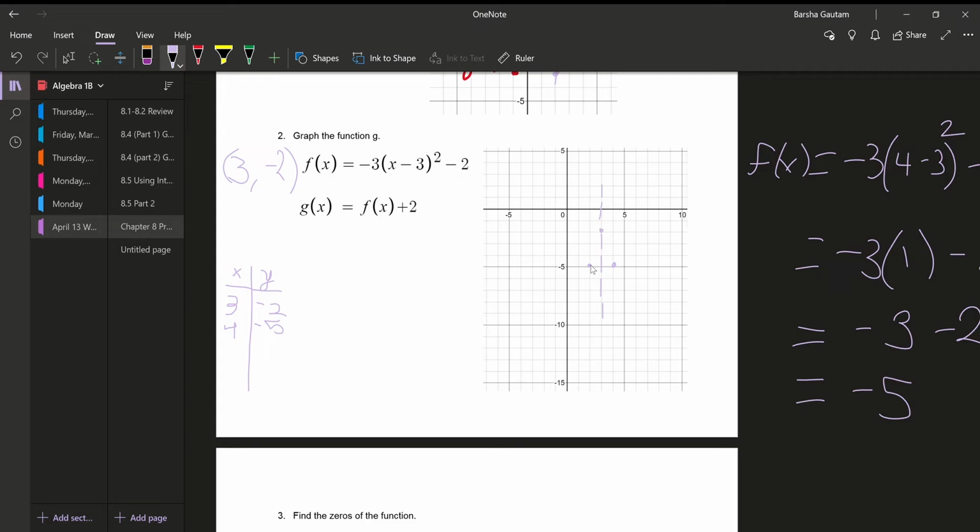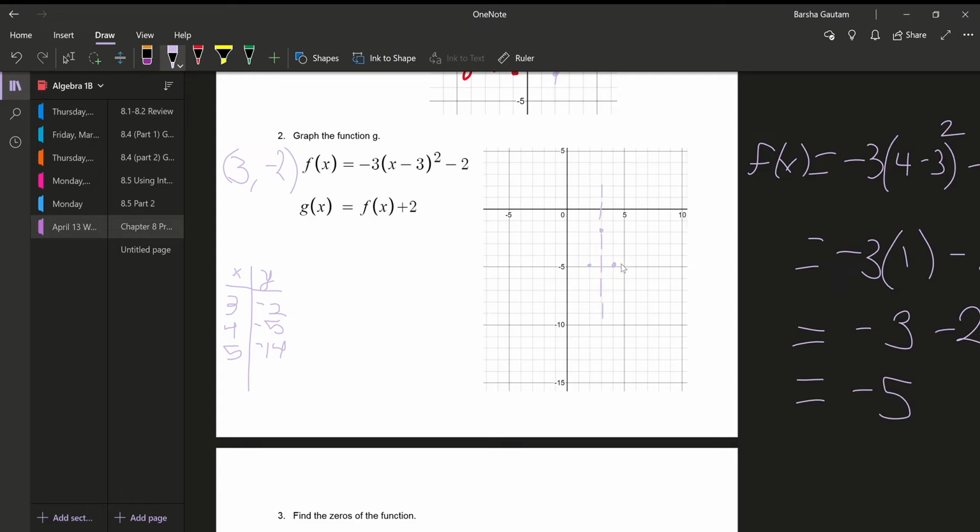However, we could find another point. So let's go ahead and try plugging in 5. If you plug in 5 for x, you get 5 minus 3. 5 minus 3 is 2. 2 squared is 4. 4 times -3 is -12. -12 minus 2 is -14. Right?